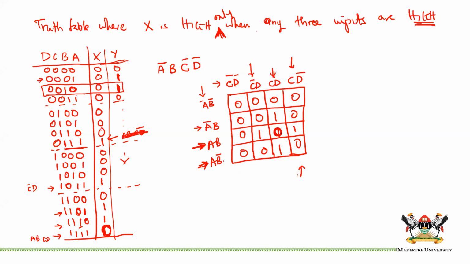Okay, I hope you agree with me. Now, if I had said a majority of inputs are high, then of course that would make this one also a 1. But right now we are not trying to interpret the statement. We are just trying to get any kind of truth table and put it in the K-map and see how that goes.